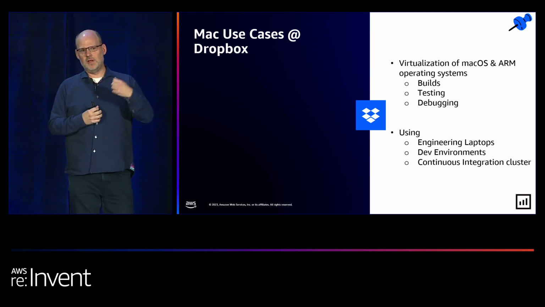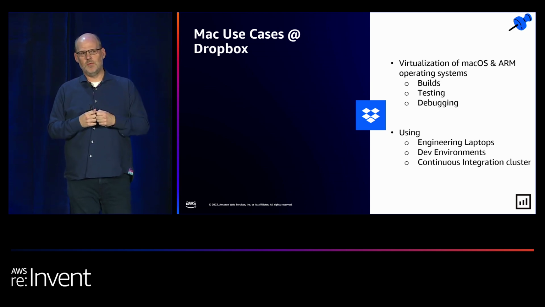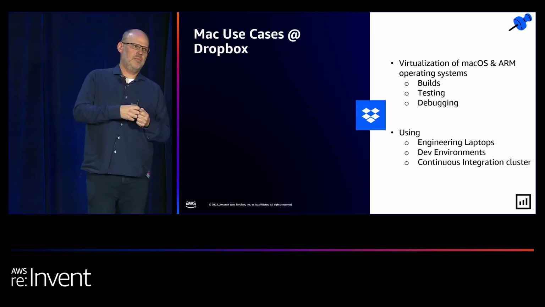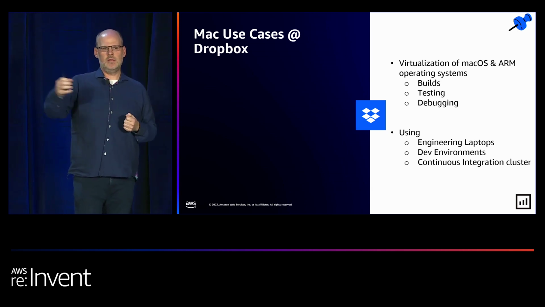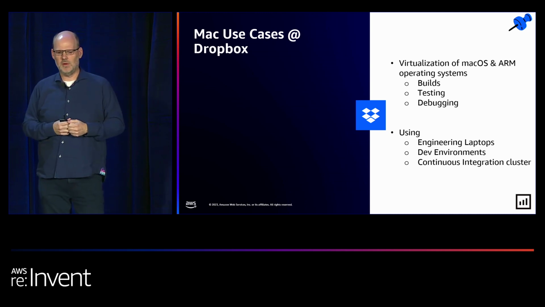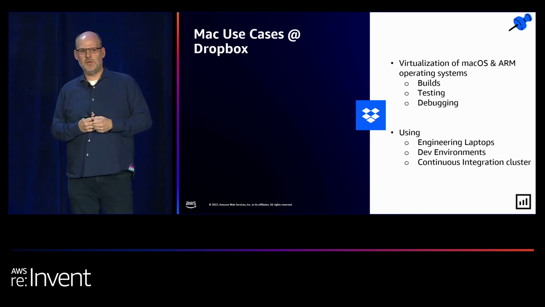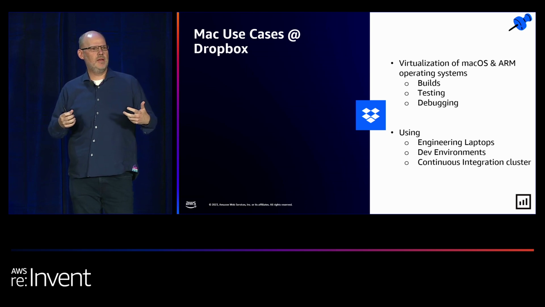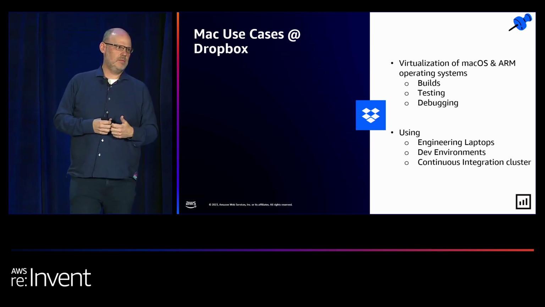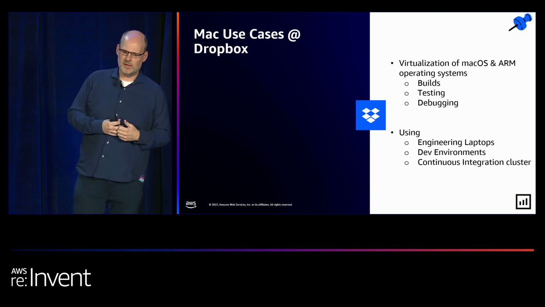So you can imagine a single change can trigger dozens of builds, which run testing and validation everywhere from macOS 10.13 to the most recent beta version, with the most recent being macOS 14. And so this ends up resulting in upwards of around 3,500 builds a day on Mac at Dropbox.